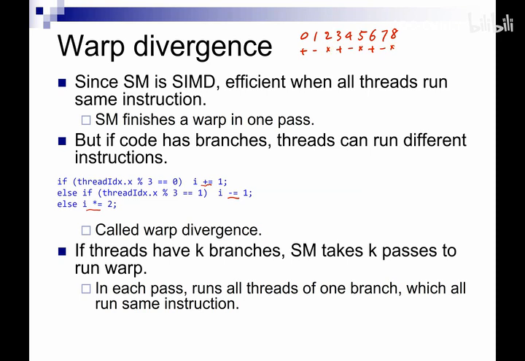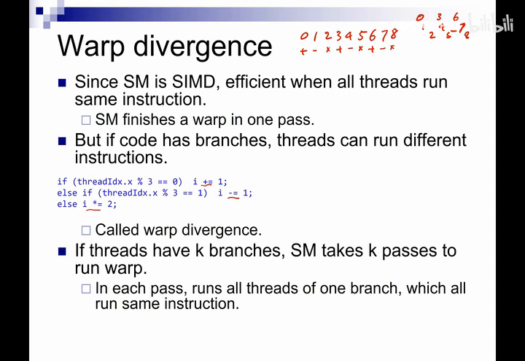So in the first pass through this warp, the SM is going to run only the threads doing the addition, so 0, 3, and then 6. In the next iteration, it's going to do the ones doing the subtraction, so 1, 4, 7, and then it's going to do the other threads. So it's going to take 3 passes, so it'll be 3 times as slow.